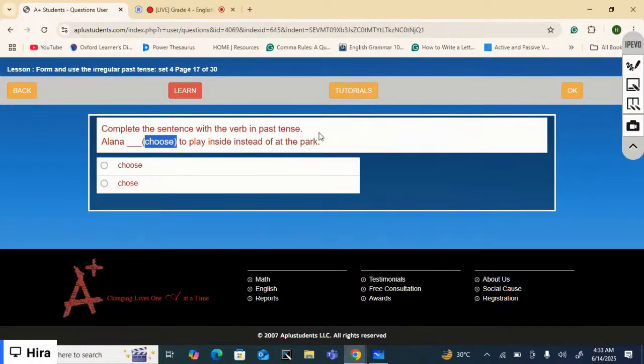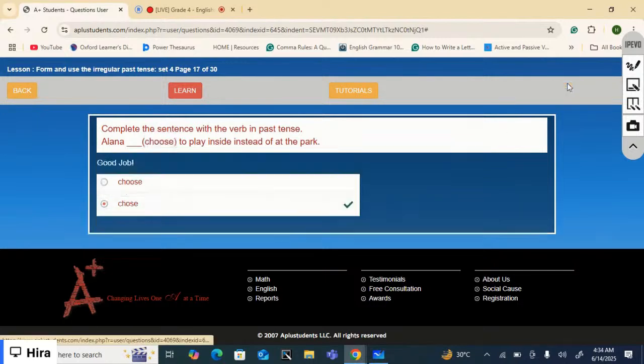Well, I've got two answers. First one is chose and the second one is choose. PK, I don't know the name exactly, but choose is not the past tense. It's chose. Alana chose to play inside instead of at the park. Good job.